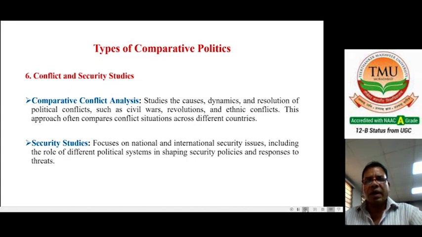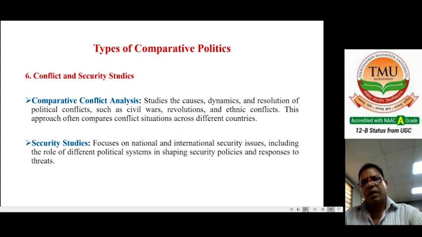This approach often compares conflict situations across different countries. That means we are facing different kinds of conflicts like civil war, revolutions, and ethnic conflict.